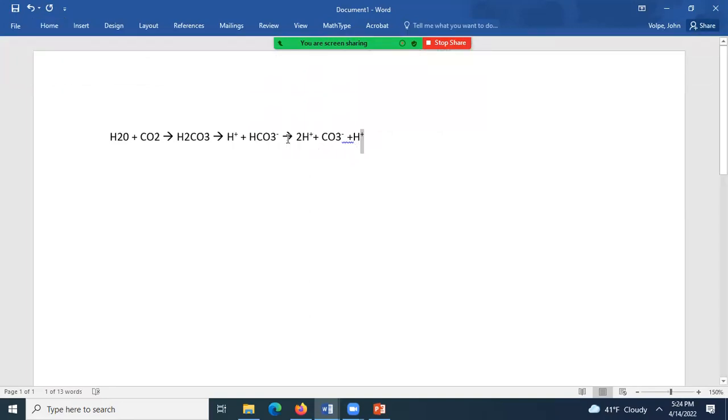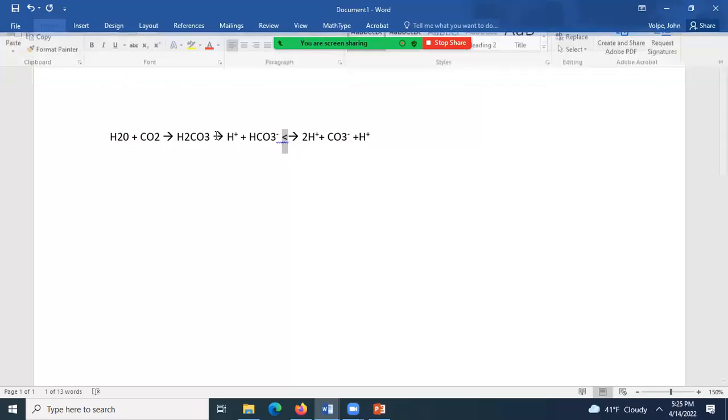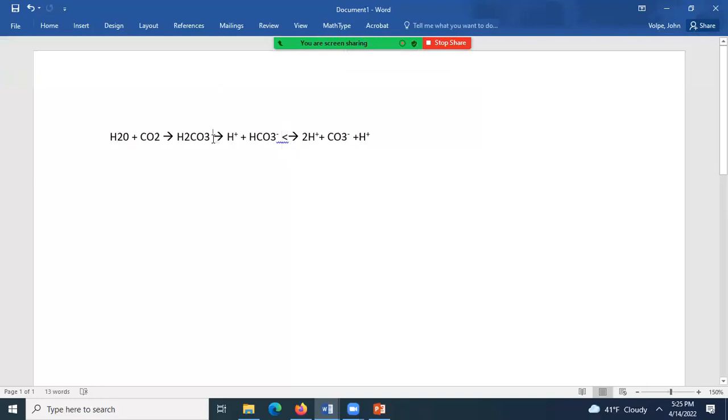And what that's going to do is make this reaction go this way, and then this reaction will go this way.